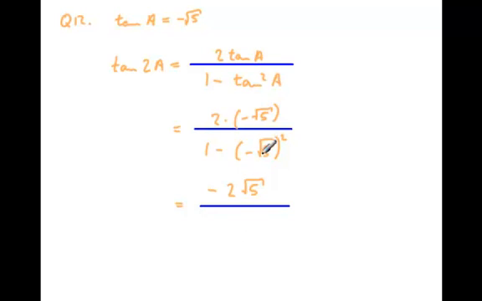And square root of 5 squared is 5. It's not 25, it's 5, because the square gets rid of the square root. The negative squared is a positive, so I'm going to have 1 minus positive 5, which is going to be a negative 4. The negatives, of course, divide out, and it's 2 over 4, which is 1/2 square root of 5.